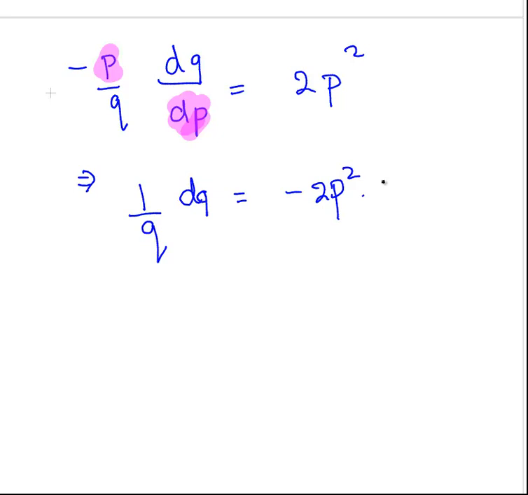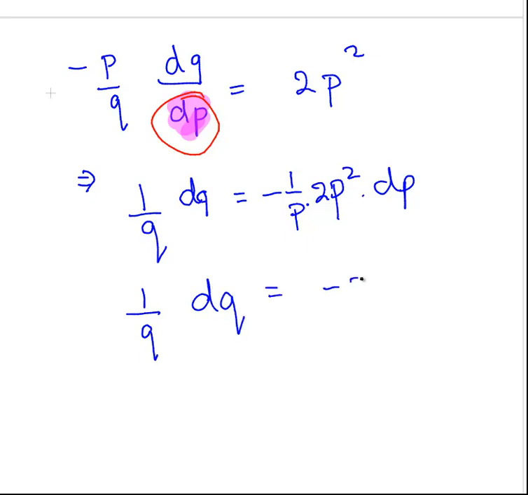I brought over the p already, so that's actually minus 1 over p, bringing this term over, and also bringing this term over, we would get dp. Simplifying that, we have 1 over q dq is equal to minus 2p dp.